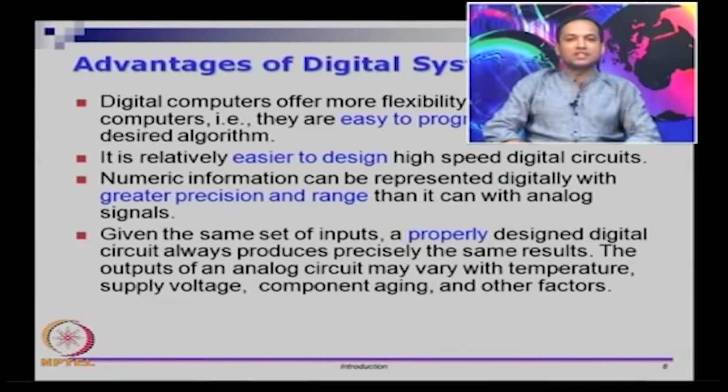Then the third bullet is that the numeric information is usually represented with a much higher precision and range with digital circuits than with analog signals. And in terms of reproducibility, if you design a digital circuit properly, given the same inputs, it will produce the same output every single time, as opposed to analog circuits where there are external factors which can influence how they work.